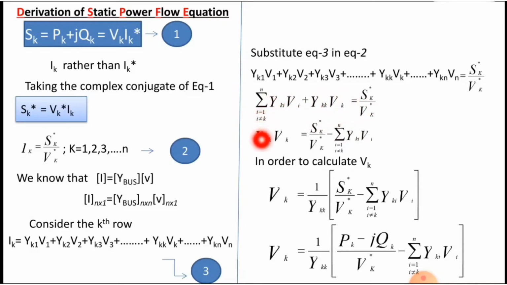I am rearranging this expression: Ykk Vk is equal to Sk conjugate by Vk conjugate. This term has to be moved to the right hand side. This is the positive one, and when it is thrown to the right hand side, it becomes negative.